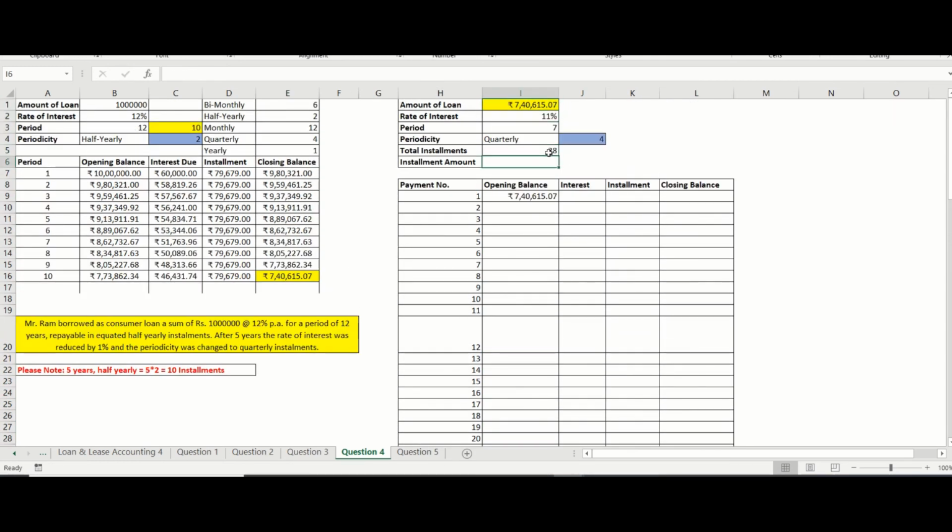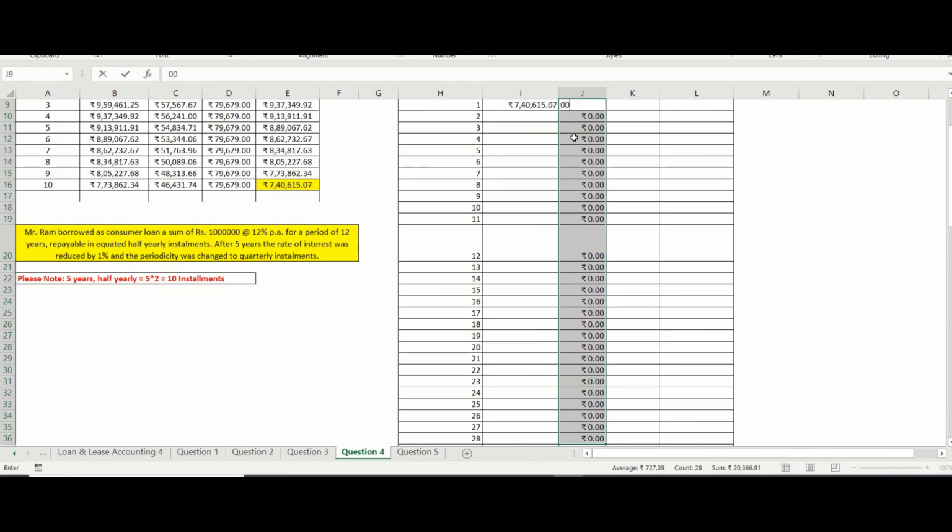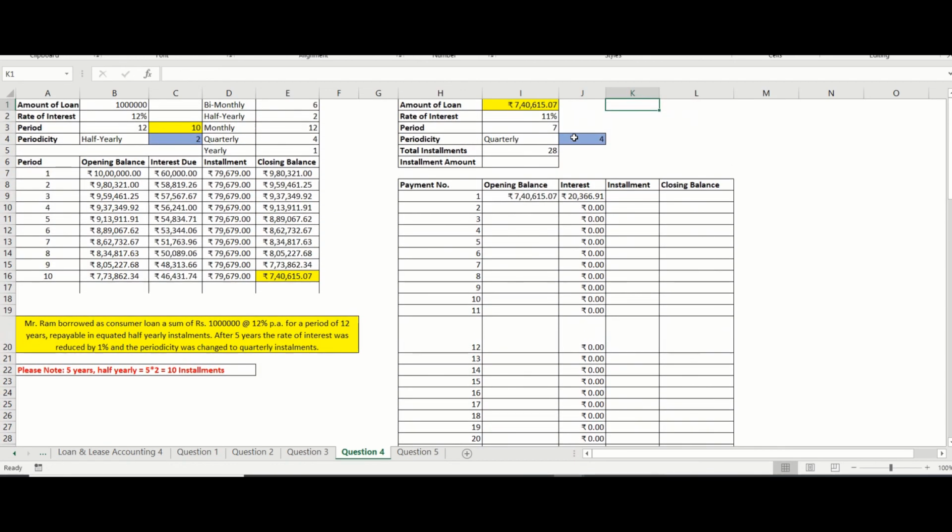Opening balance is the amount of the loan which is remaining, right? Interest is opening balance multiplied by the new rate 11% divided by periodicity. We fix that too and we will drag it down, right? Installment amount, we calculate here.